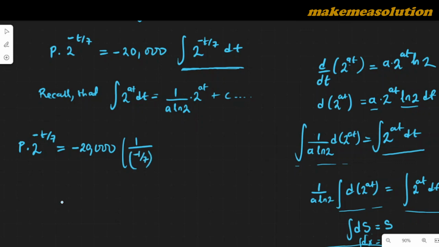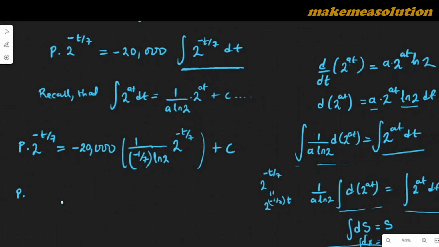Then we have ln 2, then we have 2 raised to the power of negative t over 7, plus c, like this. I hope we understood why our a is minus 1 over 7 in this case, because 2 raised to the power of minus t over 7 is still the same thing as 2 raised to the power of minus 1 over 7 then t. So this minus 1 over 7 is acting as a.